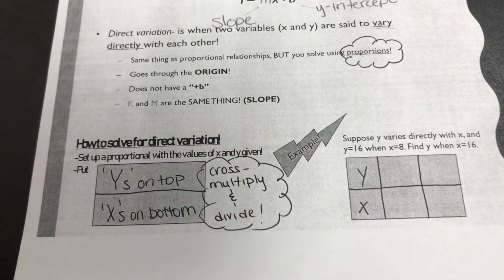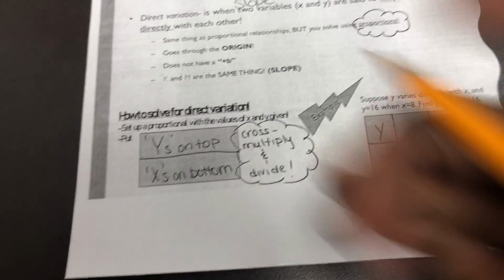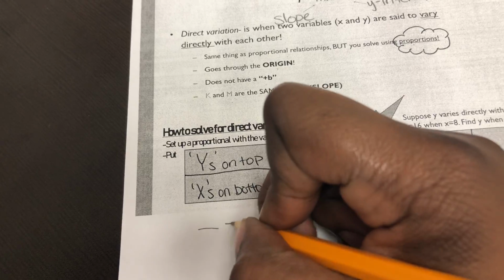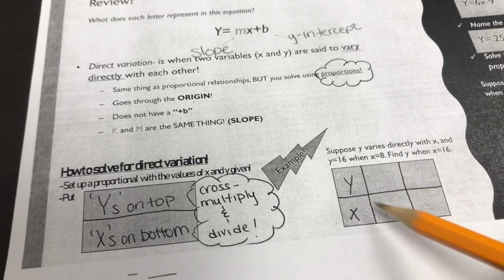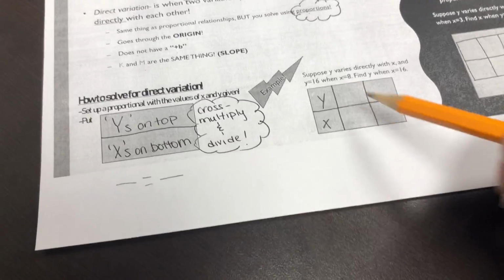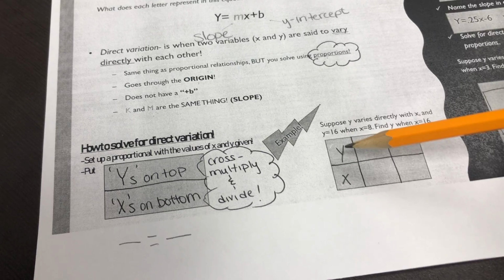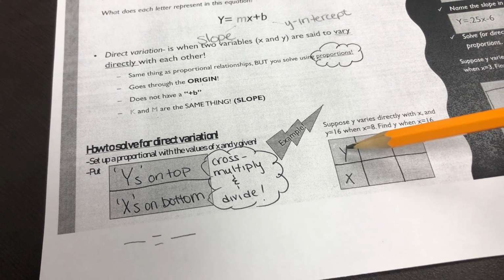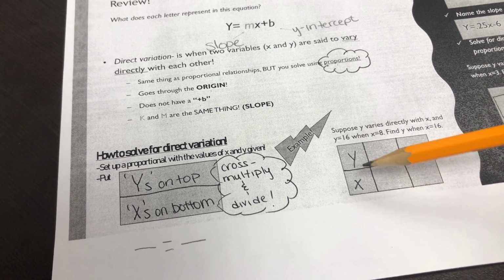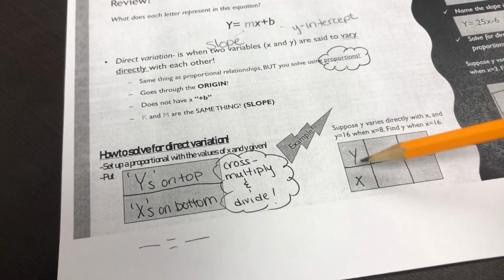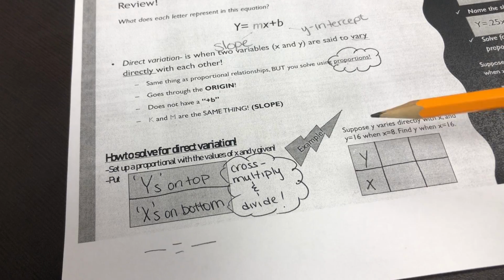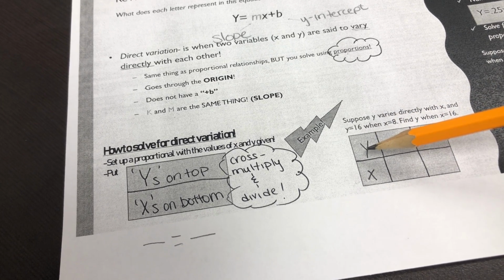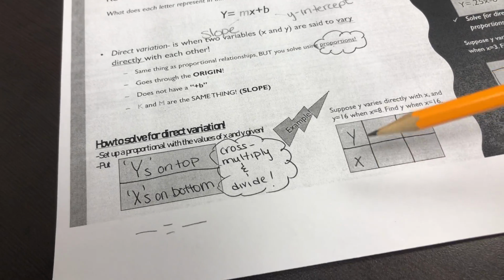Whenever we're dealing with direct variation, instead of using this proportion setup, I like to use this little box setup. The reason is that not always are they going to say y varies directly with x. Sometimes they say a varies directly with b, and they like to compare two quantities like water to salt.